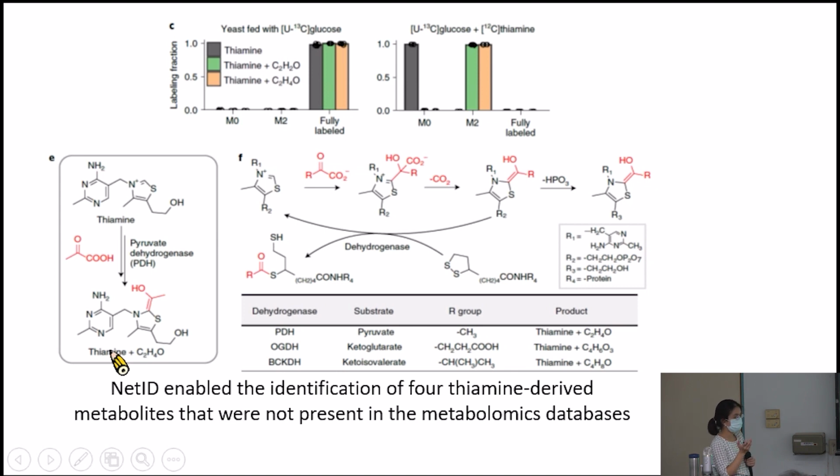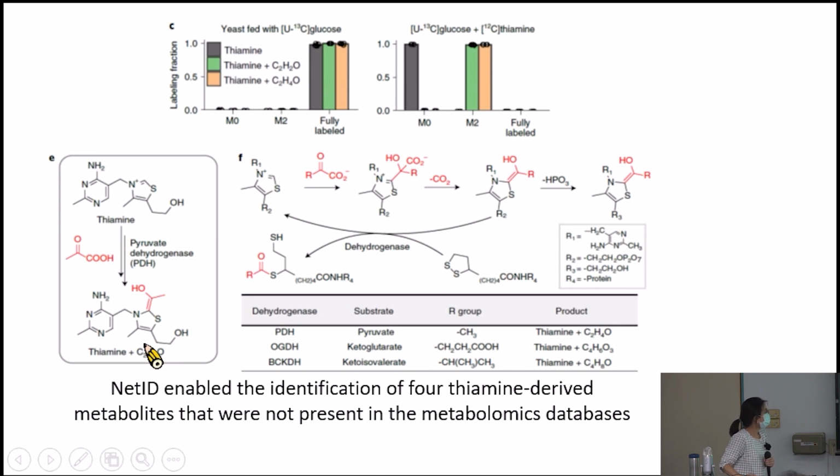So to understand where this derivative comes from, they tried to understand the potential reactions for the conversion of thiamine into the thiamine derivative. And what they found is that pyruvate dehydrogenase can catalyze thiamine into the thiamine derivative. Which means that the derivative actually shows up in the real world, not just in the computational prediction.